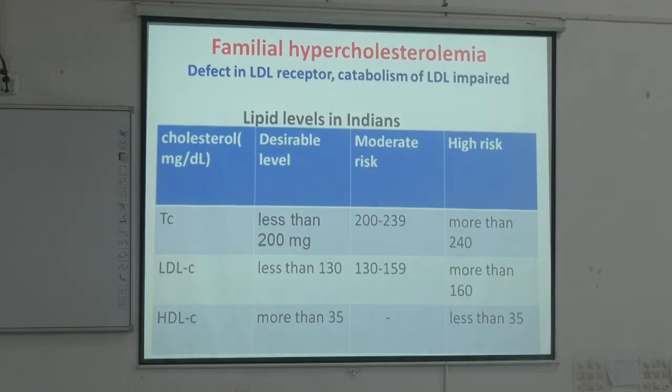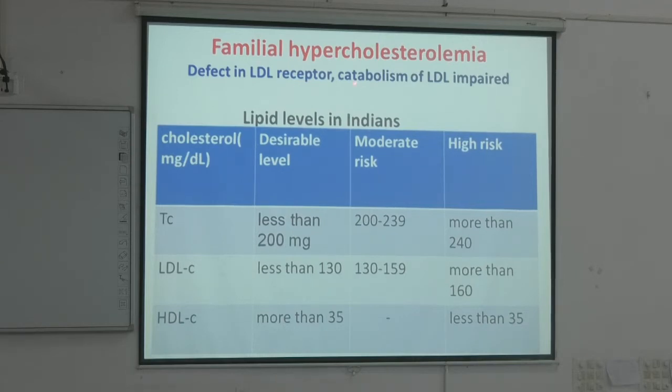Next is familial hypercholesterolemia. What will happen? The LDL receptor will be defective. It is a transmembrane protein with a single transmembrane domain.